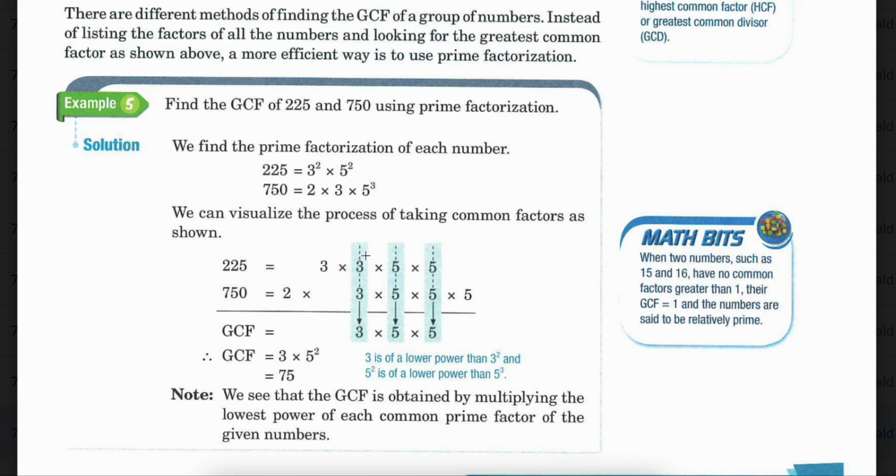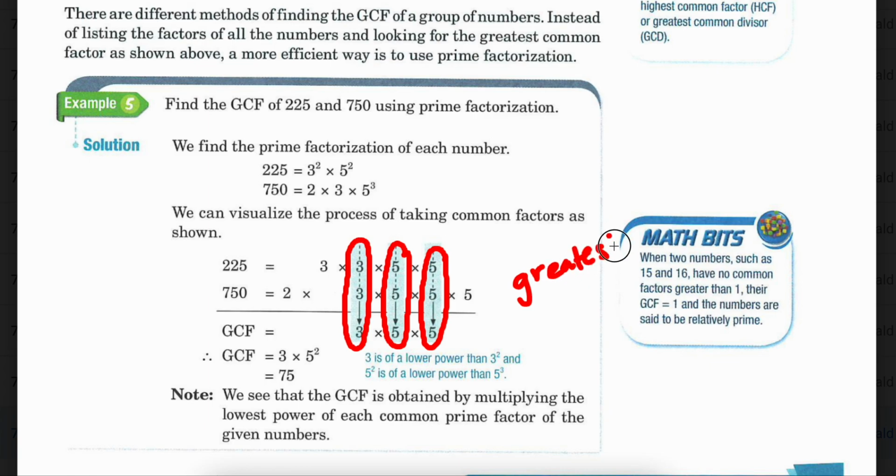And then again, just like before, they put the numbers side by side and they noticed, okay, there is 1, 3, there is 1, 5 they have in common, and then another 5 they have in common. So to find the greatest common factor between these prime numbers, they would multiply all these prime numbers together to get the GCF of 75.